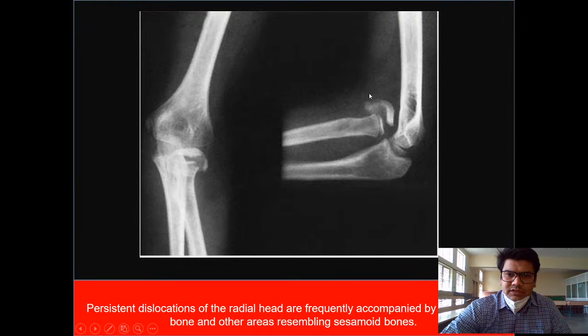This is the radius, this is the radial epiphysis, and this is the heterotopic ossification, or new bone which is formed.